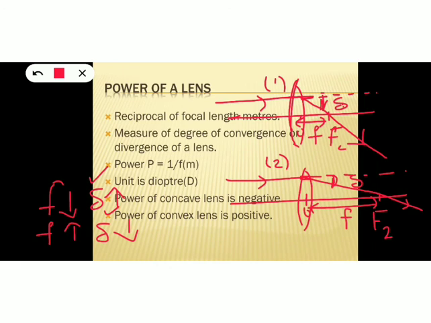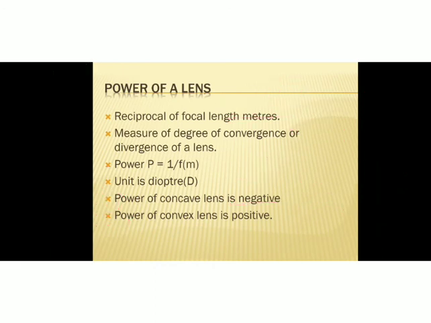That means the power is always the reciprocal of the focal length of a lens. So the degree of convergence or divergence of light rays achieved by a lens is expressed in terms of its power, and the power of a lens is defined as the reciprocal of its focal length.